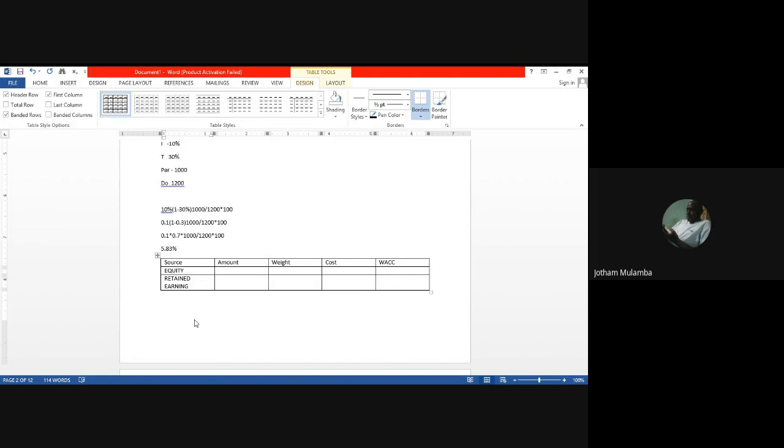Retained earnings is also called retained profit. In other books, we also refer to it as retained profit. So that's the undistributed profit. Then we had preference shares. And then finally we had debenture.